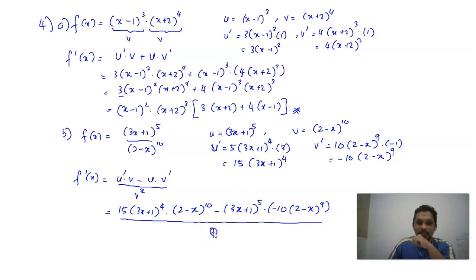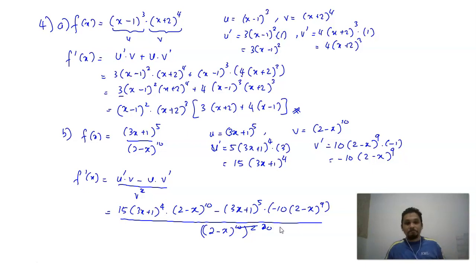Where v is (2 minus x) to the power of 10, squared. Okay, so let's simplify this one here, which is (2 minus x) to the power of 20. It's really 20 here.